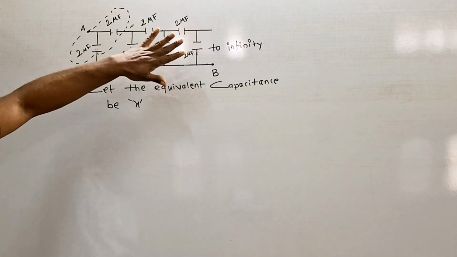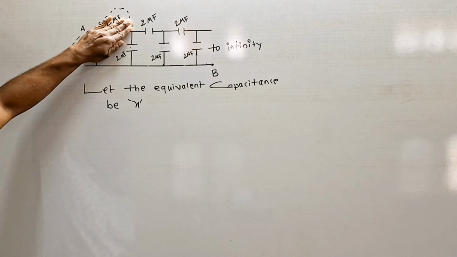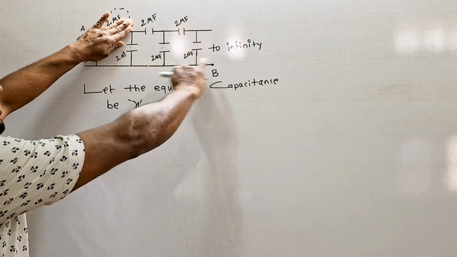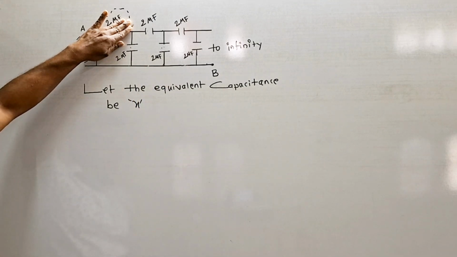As there are infinite number of such units, if you keep one isolated, then also for the rest of the part the equivalent capacitance will be X.